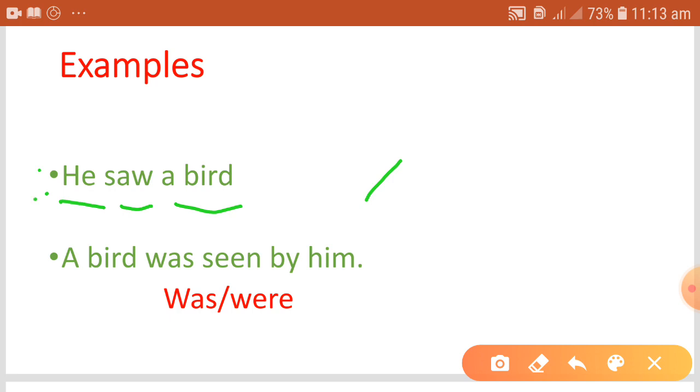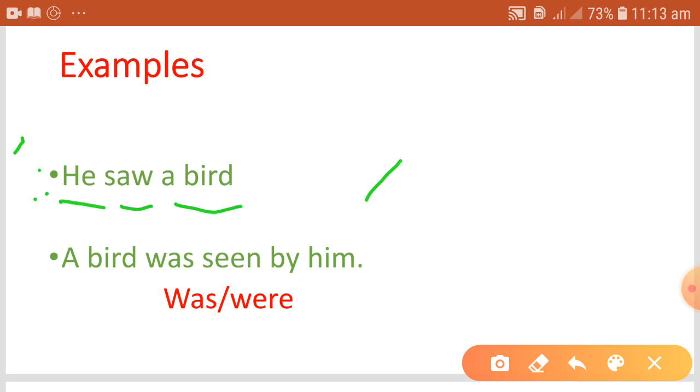Now we need to find out the tense of that sentence. Can you guess, friends, in which tense that sentence is? Yes, you are very correct. The sentence is in simple past tense, and we know that though there is no supporting verb in active voice, we need a supporting verb in passive voice.